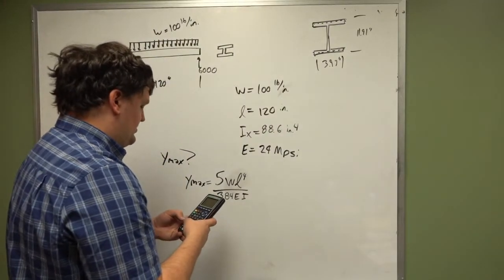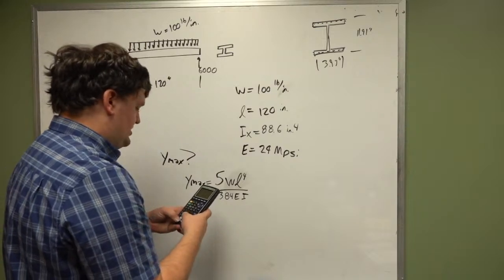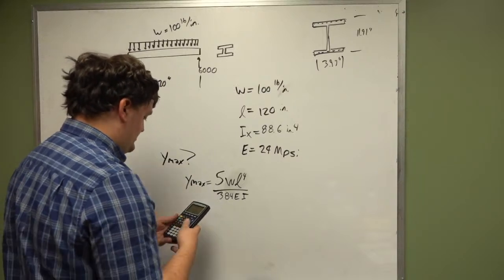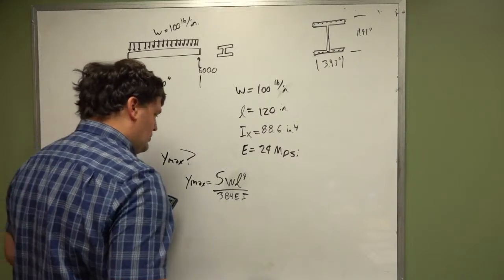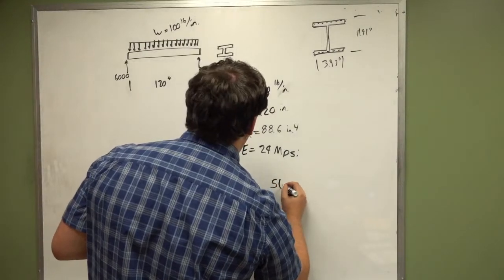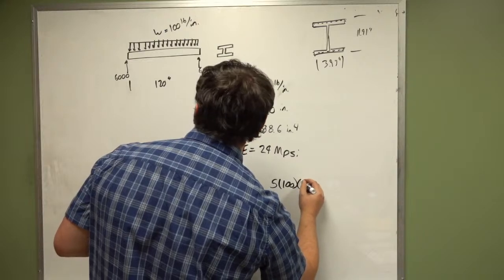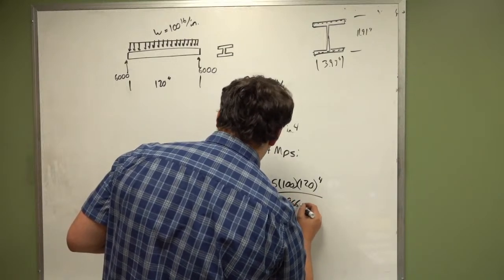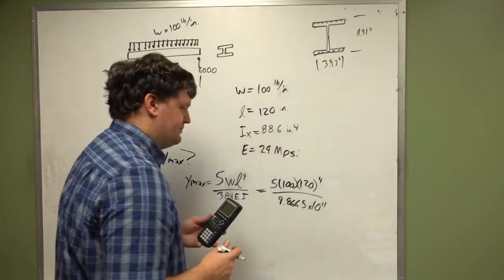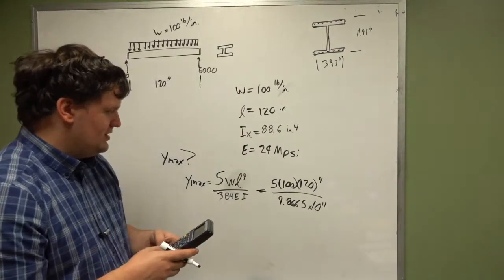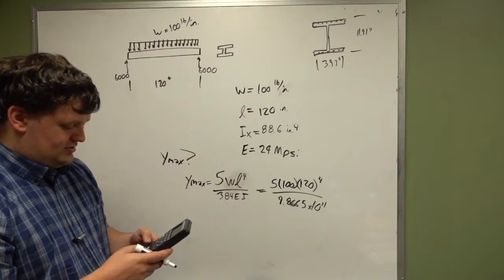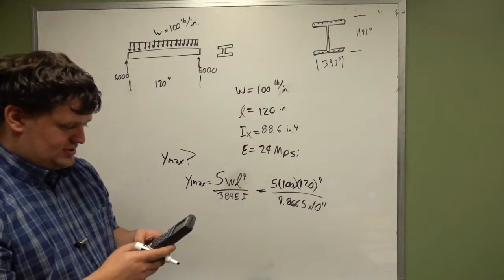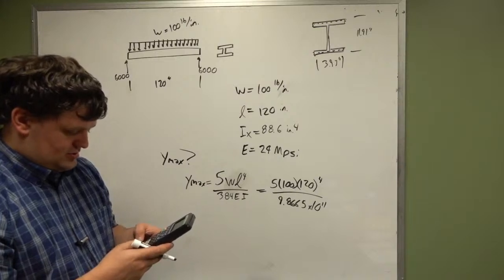E times I is 29 million times 88.6 times 384, and that is the bottom value, 9.8665 times 10 to the 11th. Big numbers here. So we have 5 times 100 pounds per inch times 120 to the 4th power, which is 500 times 120 to the 4th power, divided by 384 times 29 million times 88.6.